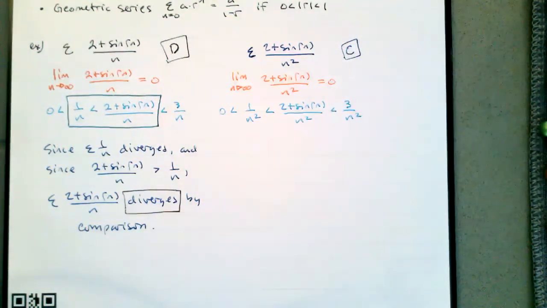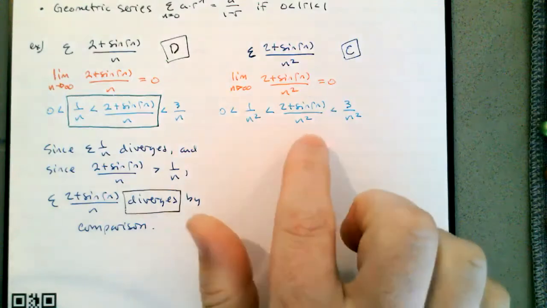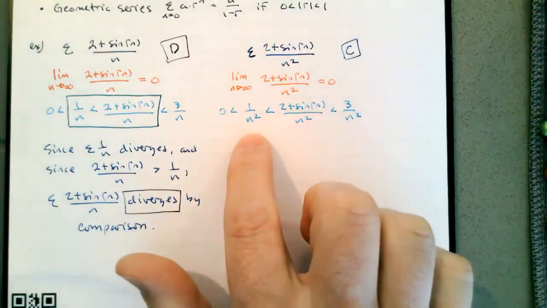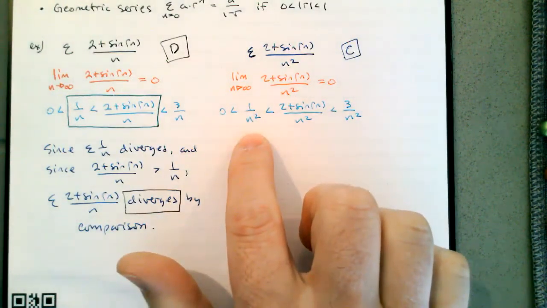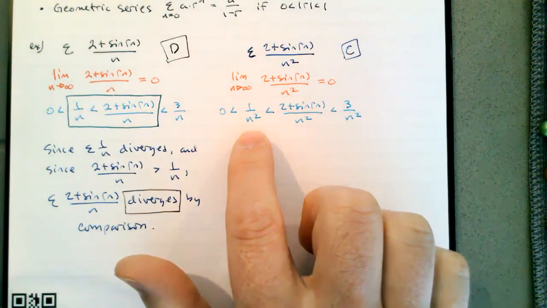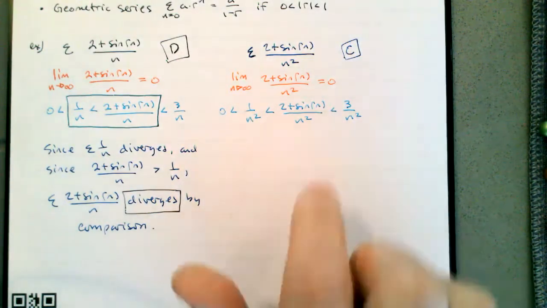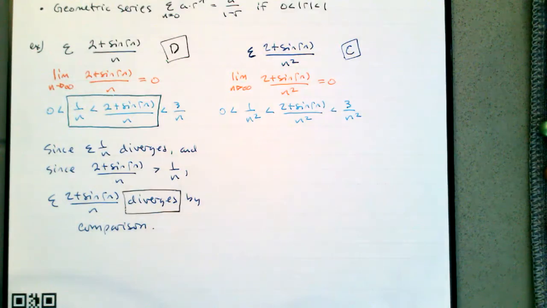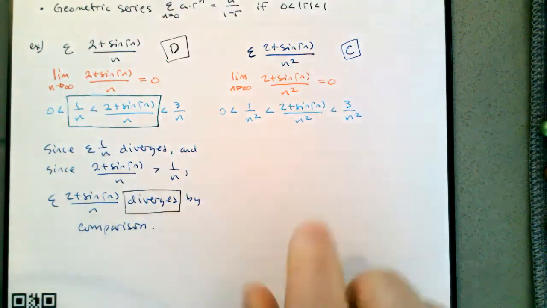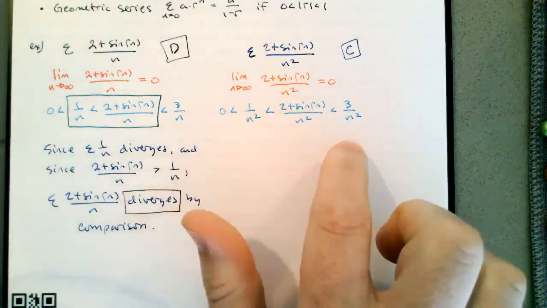But we can't use the same argument. It's not useful to say that the series in question is greater than this convergent series, because it doesn't help. If the series 1 over n squared is finite, and all these terms are bigger, maybe it's infinitely bigger. So what's important here is not the greater than part, but the less than part.